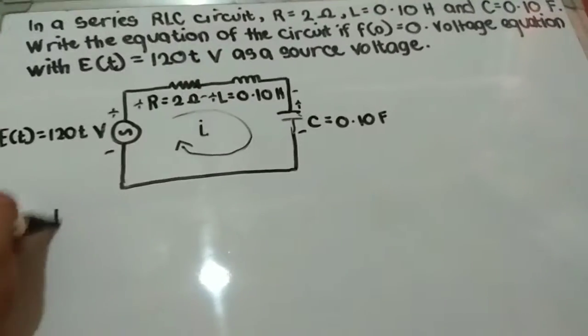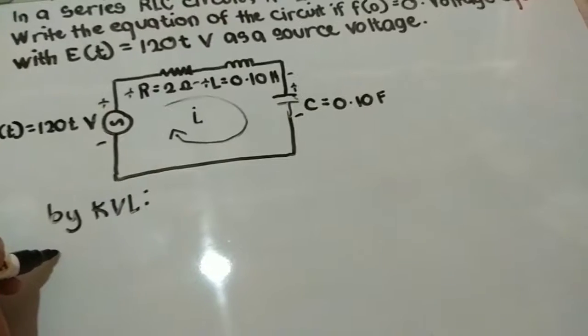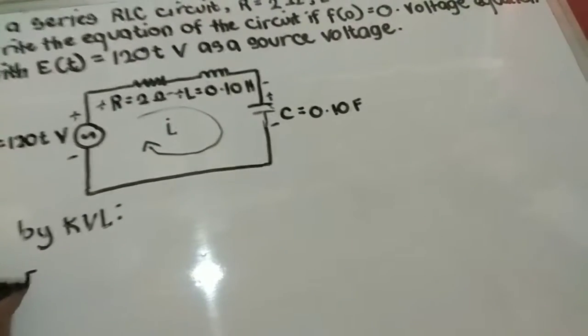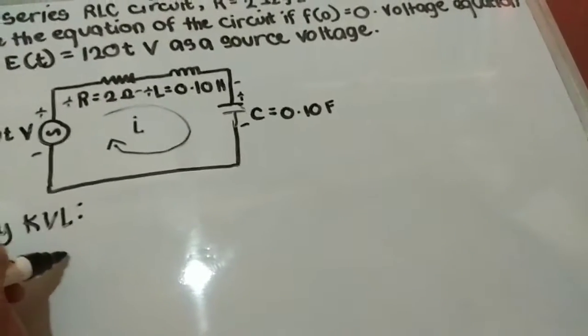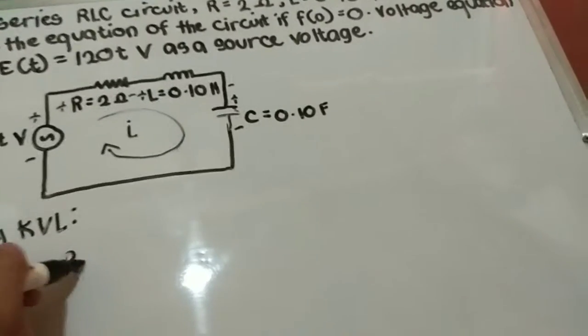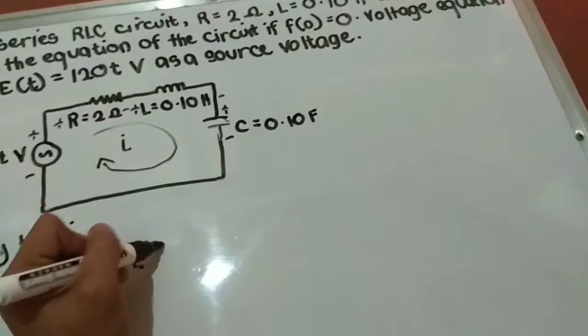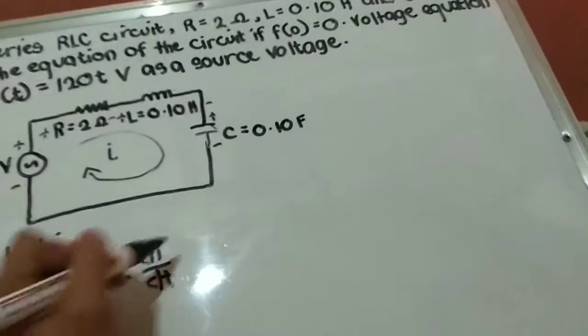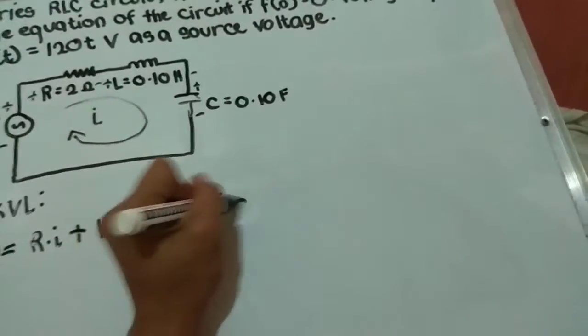So by KVL, the voltage is equal to the time domain of resistance, so R i, plus the time domain of the inductance, which is L di over dt, plus the equivalent Thevenin of the capacitor charge, 1 over C integral of i dt.